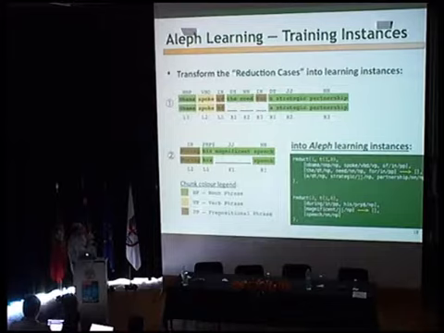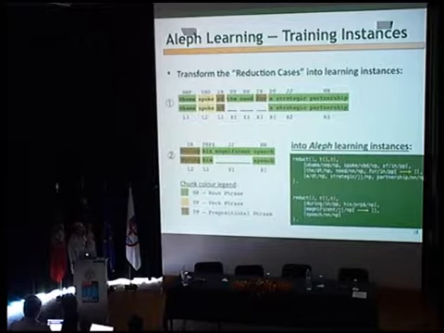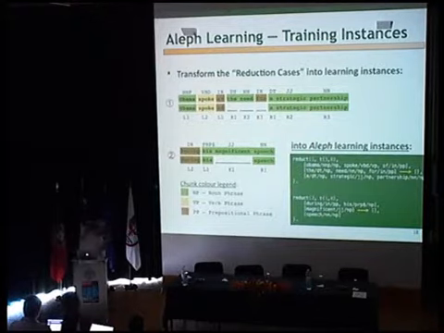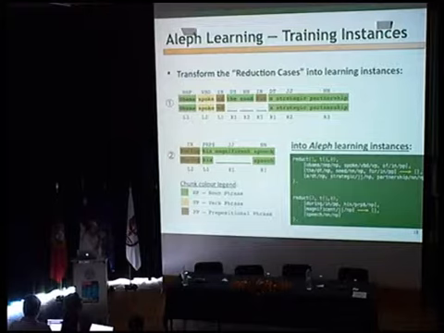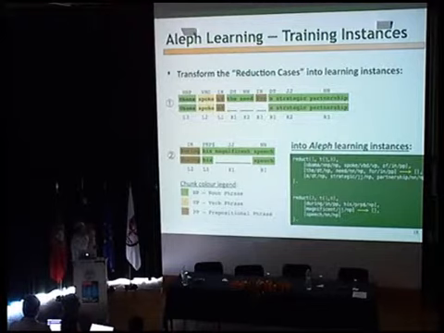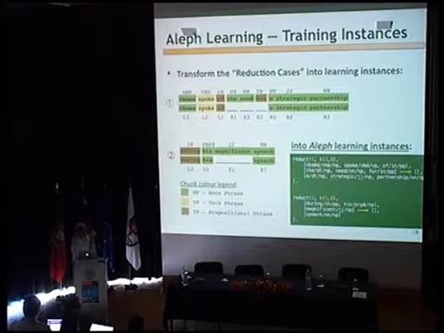These examples are transformed into ALEPH terms, which are the instances that will be used for learning. This is a 5-argument term in which the first argument is just a sequential index. The second is what we call the transformation dimensionality, which means, for example, in the first case, a transformation from 3 to 0.